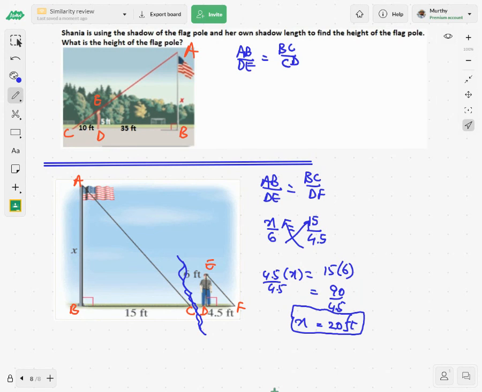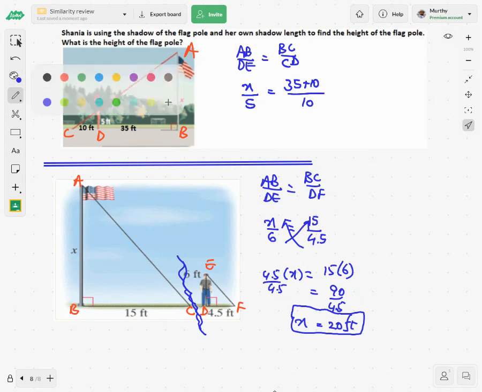Now just plug in the values. AB is not known. DE is 5 feet. BC, that is 35 plus 10, over CD equals 10 feet. Again I'm repeating, the majority of students tend to take only a part of the horizontal line of the large triangle, which is not correct.